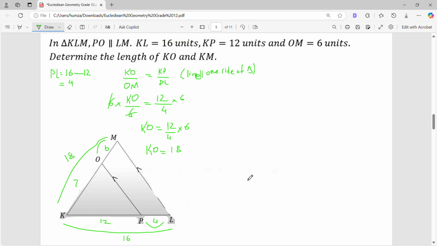Now we are also looking at the KM value. How are we going to find it?